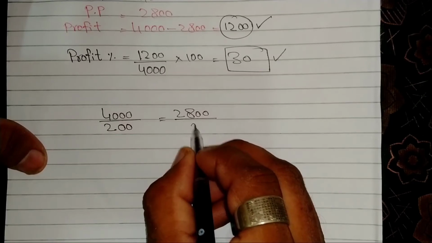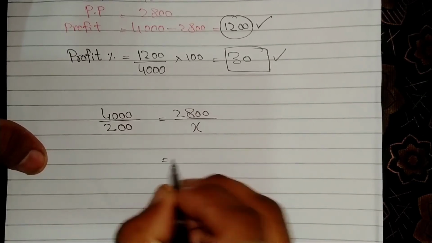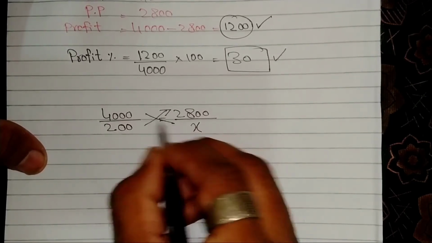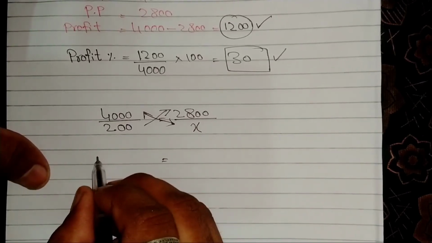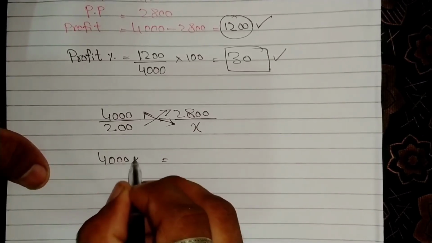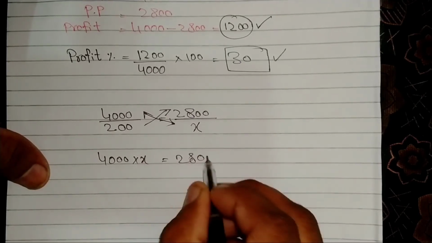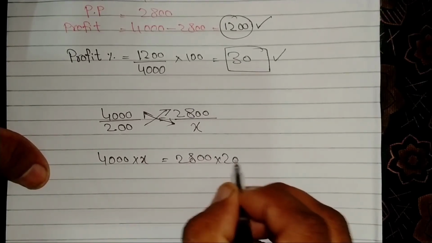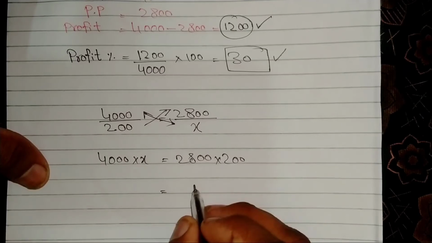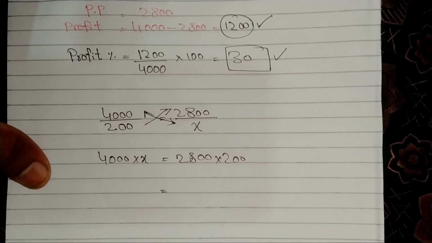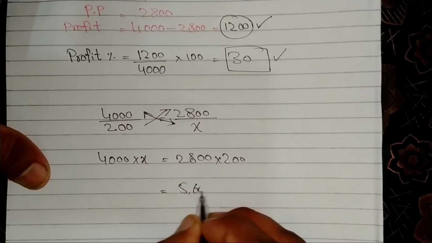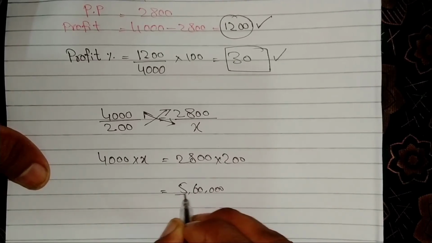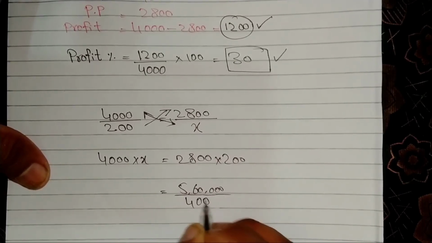This is the unknown value x, divided by $4,000.